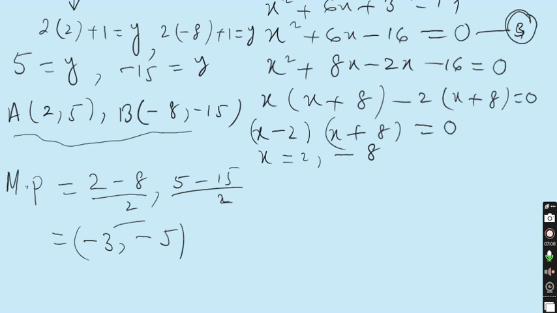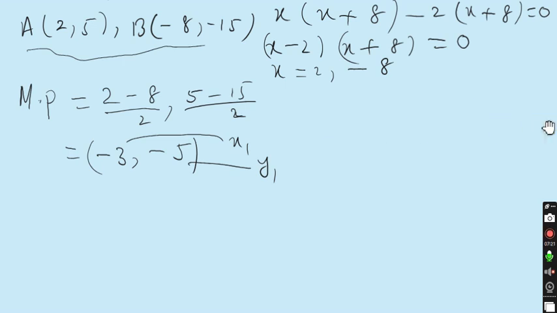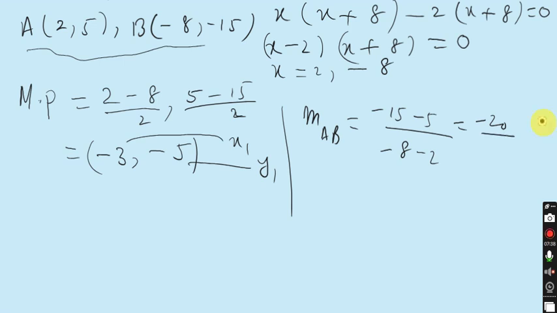So this is the point x1 and this is the point y1. I am gathering the gradient of the perpendicular bisector. Now find the gradient of AB. Gradient of AB is (y2 minus y1) upon (x2 minus x1), minus 20 upon minus 10, it is 2.